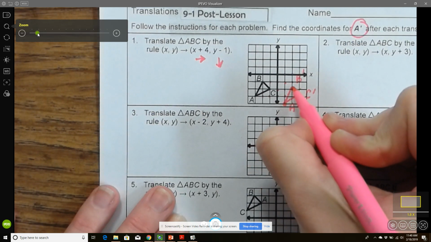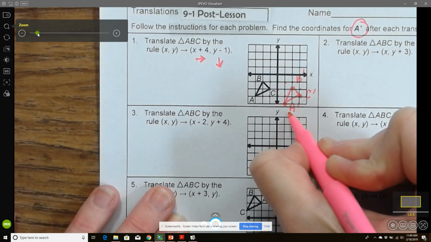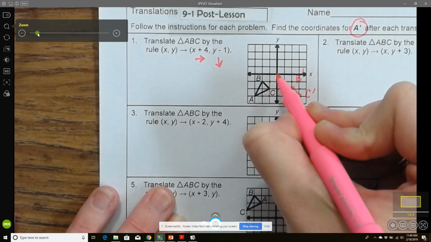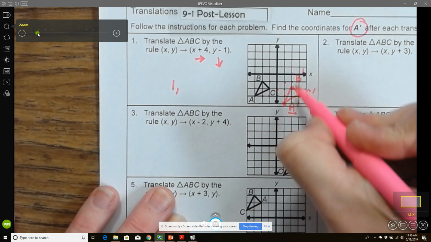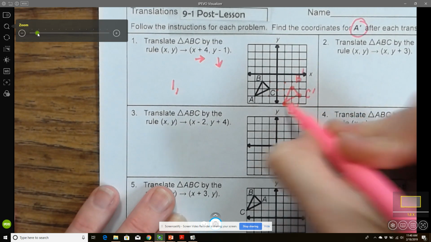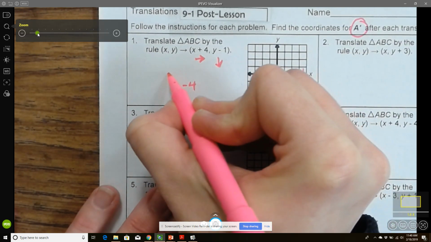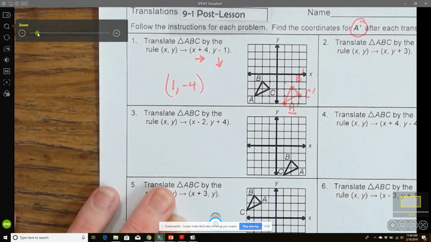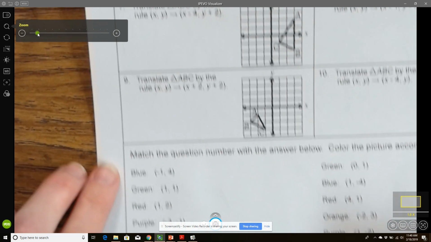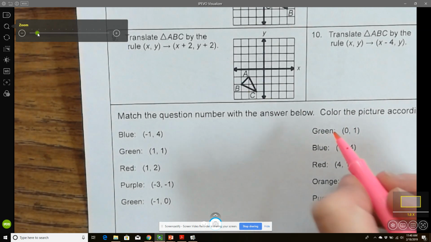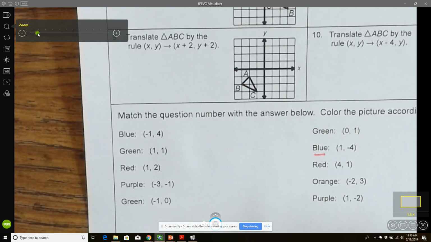Then you connect your figure, and now we're looking for A prime. We're looking for this point. So I have to go over 1, so that's my X, and then down 1, 2, 3, 4. So that would be (1, negative 4). And so if you look down here, that would be blue.